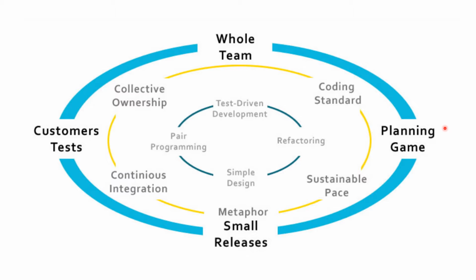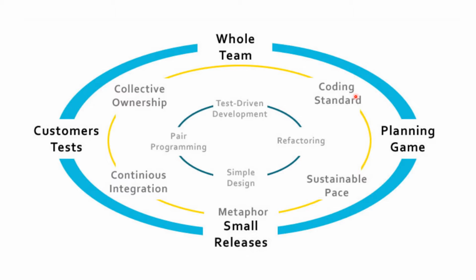In XP we are talking about 12 practices. The inner layer talks about the core engineering practices like test driven development, refactoring, simple design, and pair programming. And the second layer talks about team level practices like collective ownership, continuous integration, system metaphor, sustainable pace, coding standard, right?